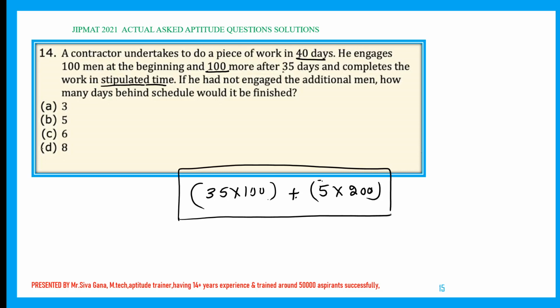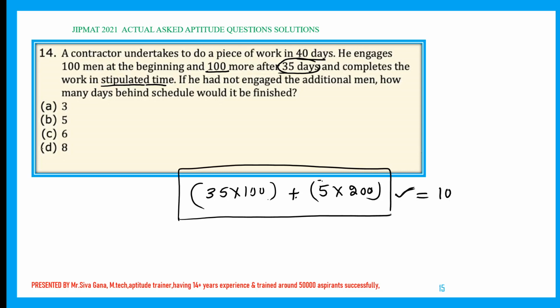First 35 days 100 men, next 5 days 200 men. So this is the total work. Now if this additional 100 men were not employed, then the work will be delayed by how many days? That is the question.